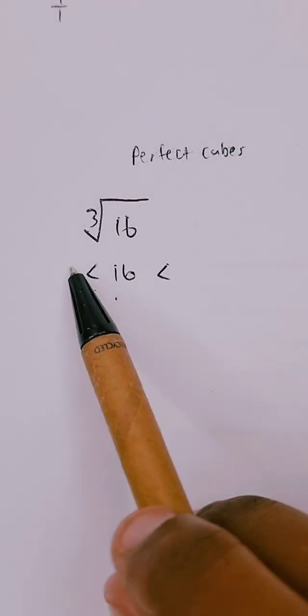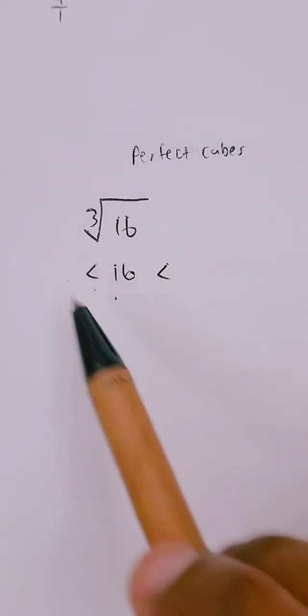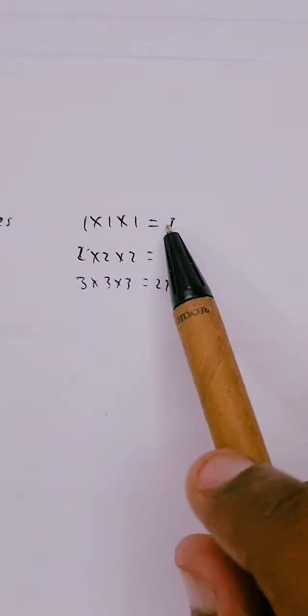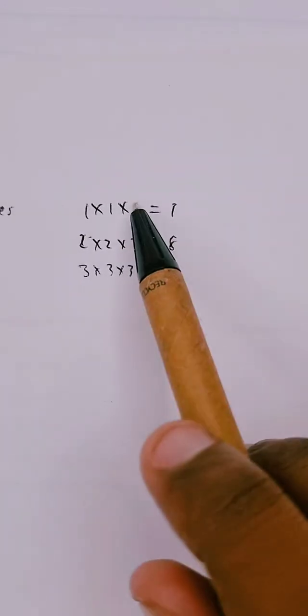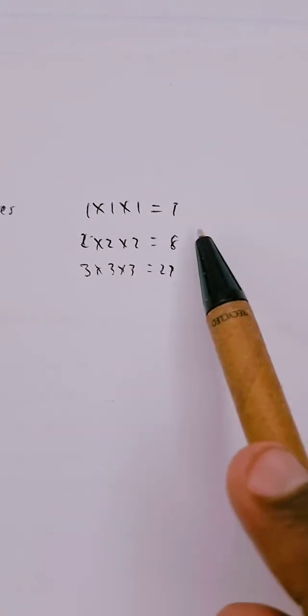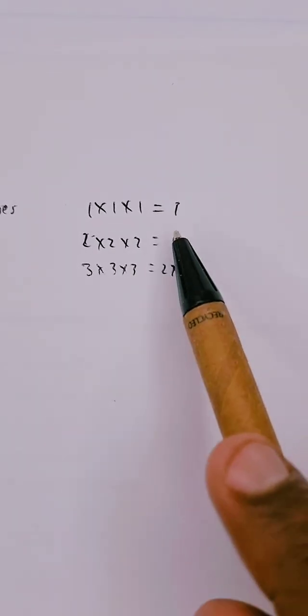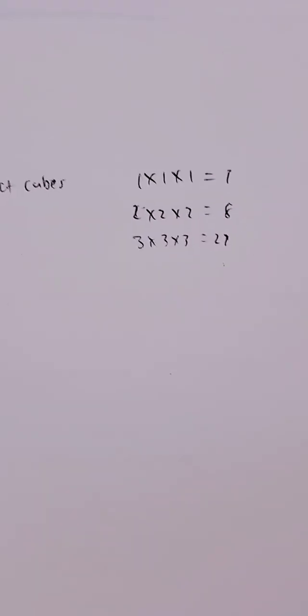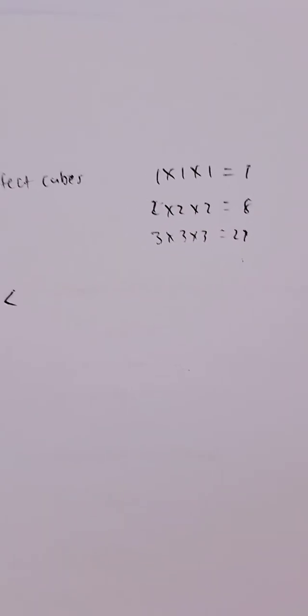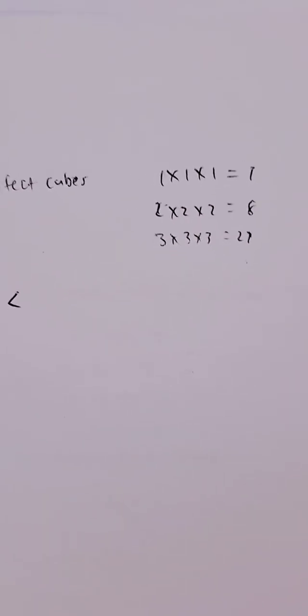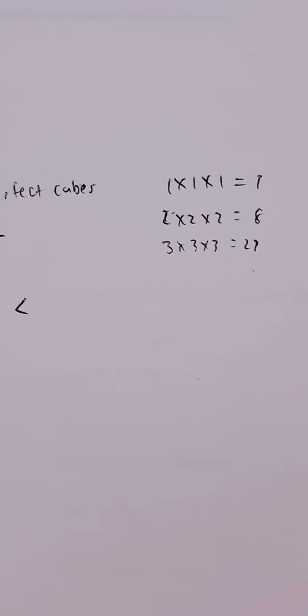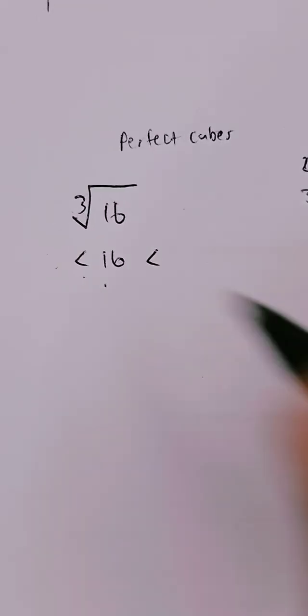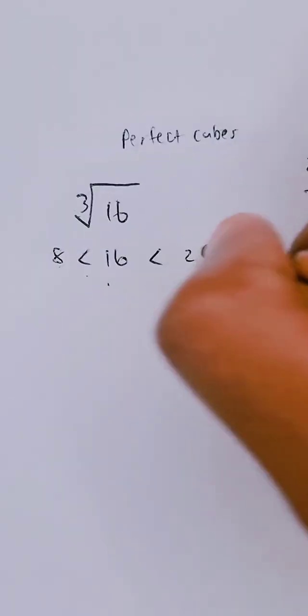Like I said, we have 1, 8, and 27 in consecutive order. So for 16, there's 8 and there's 27 on either side. Does that make sense, guys? 8 and 27.